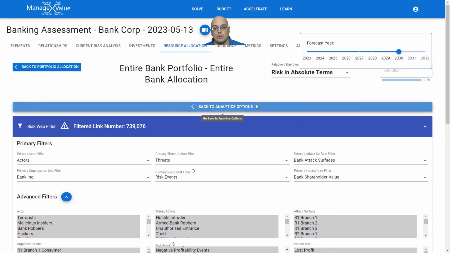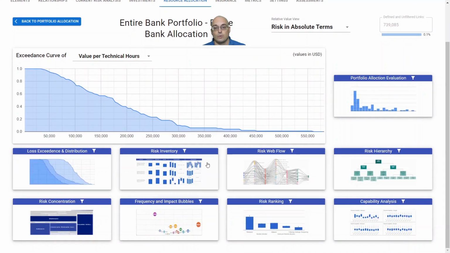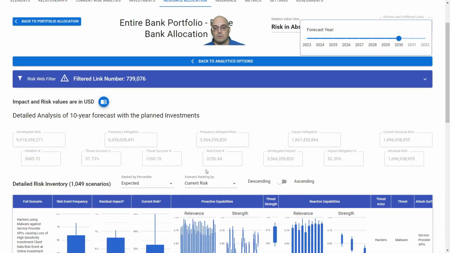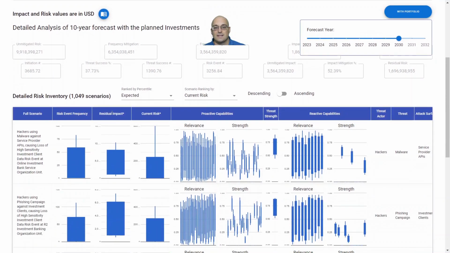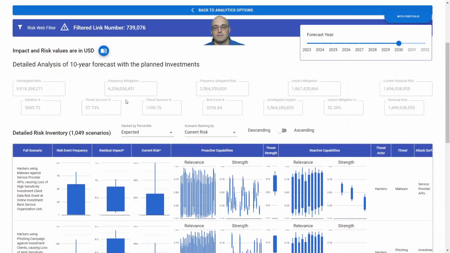So another important and useful view for the portfolios as well, in order to understand what's going on and how we mitigate the risks, is actually the risk inventory. You can see here that there are still 1,049 scenarios included in the risk inventory.